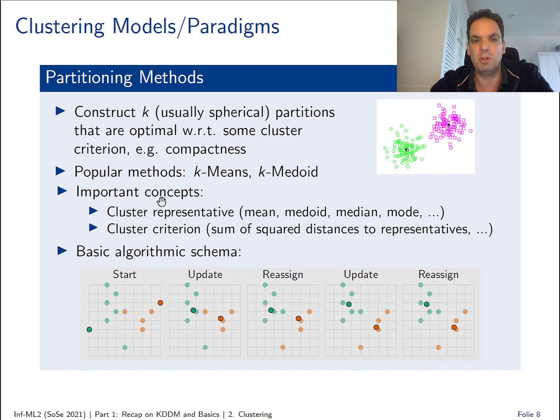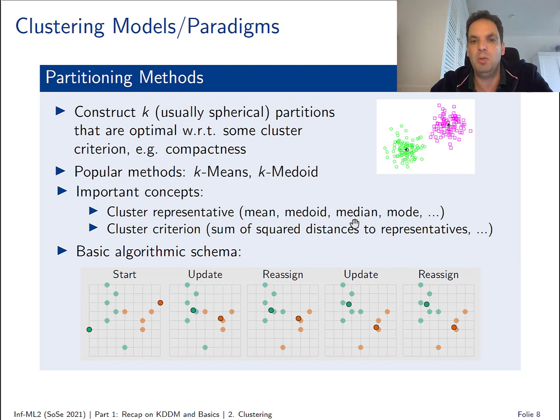And the most important concepts for those methods are, well, we represent clusters by some specific prototype, so to say. With k-means, it's the mean of the members of the cluster. Medoid is another prototype of a set of points, representing a set of points. A cluster is a set of points, so those are prototypes to represent a set of points.